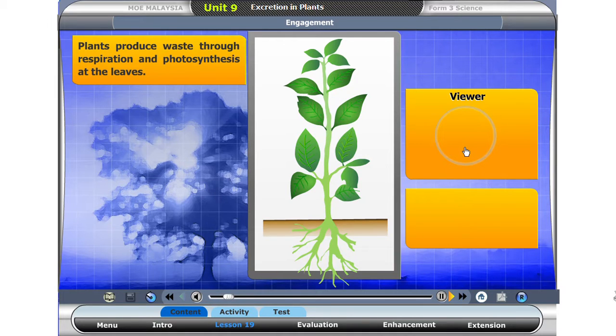Use the viewer to mouse over the parts of this plant. Discover how plants eliminate their waste. Plants produce waste through respiration and photosynthesis at the leaf.